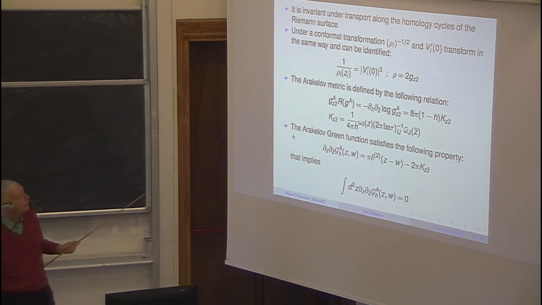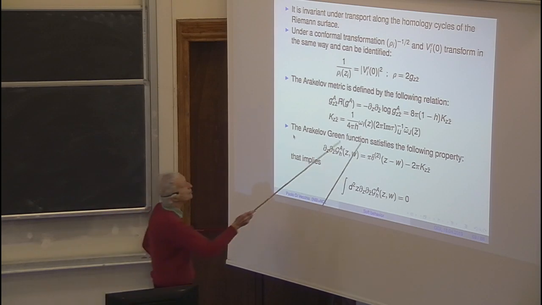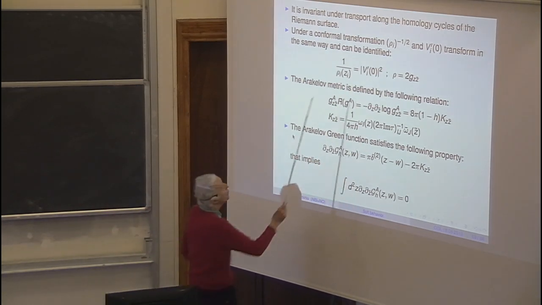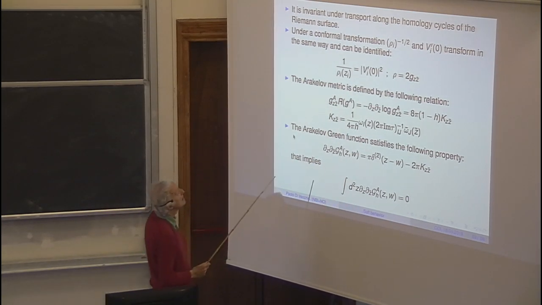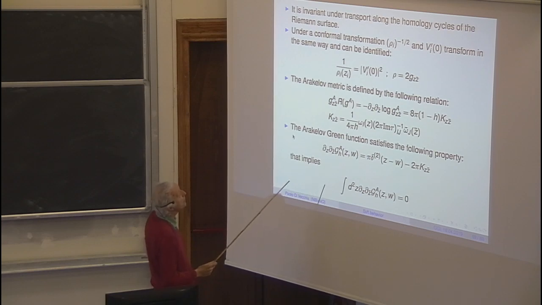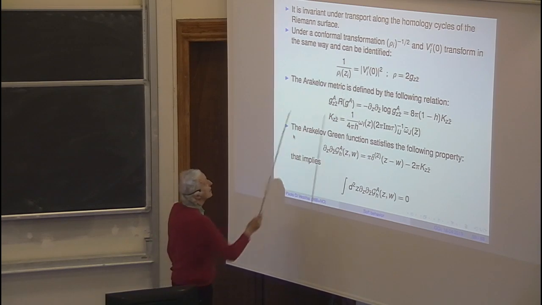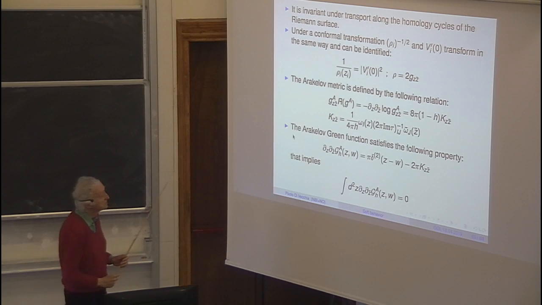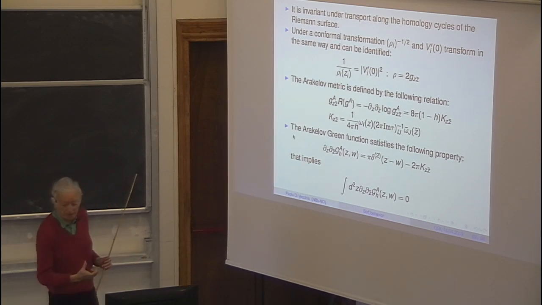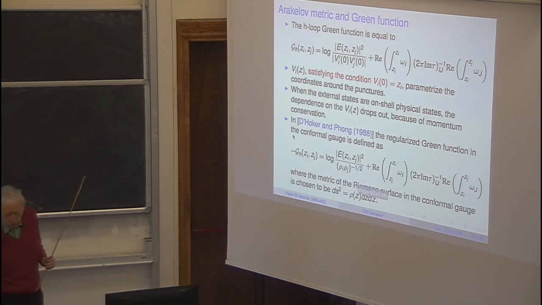You can check also that under a conformal transformation, the two objects transform in the same way, and therefore you can identify them. That's the first step to make the two expressions the same.